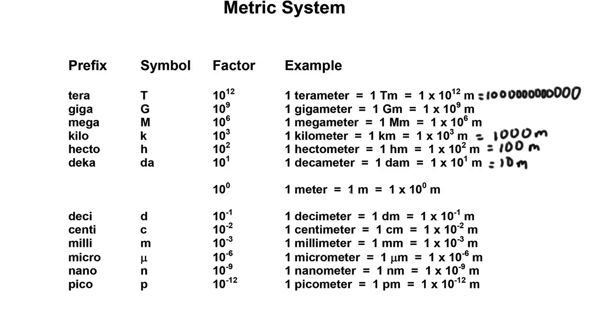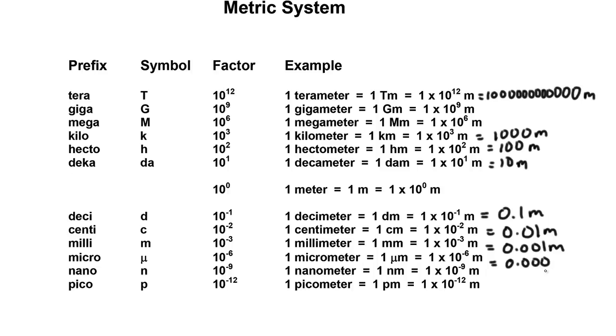And so we can see that the very small, 1 times 10 to the negative 1, that's 1 divided by 10. So that's going to give us 1/10 of a meter. I forgot my unit. 1 times 10 to the negative 2 is going to be 100th of a meter. 1 times 10 to the negative 3 is going to be 1,000th of a meter. 1 times 10 to the negative 6 is going to be 1,000,000th of a meter.